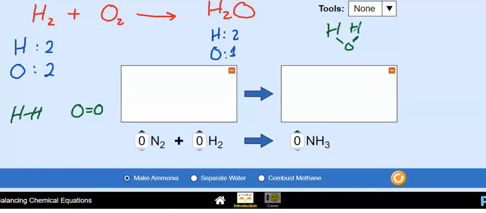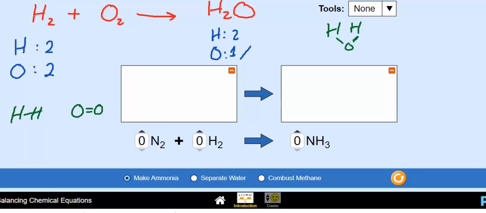So H2O, this is H2O. The problem here is the equation is not balanced because the oxygen is not balanced. We have one oxygen, while here we have two. So to balance the equation, we have to make sure that we have two oxygens here instead of one.